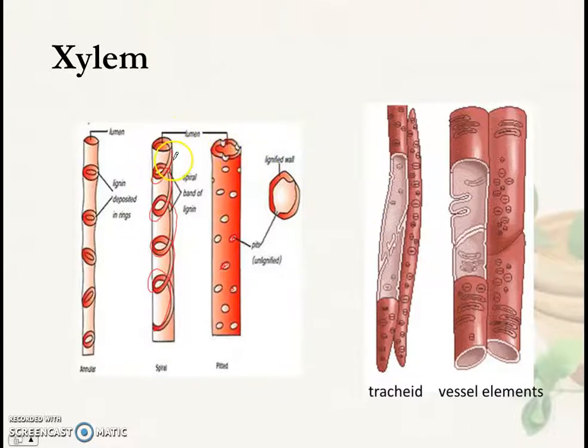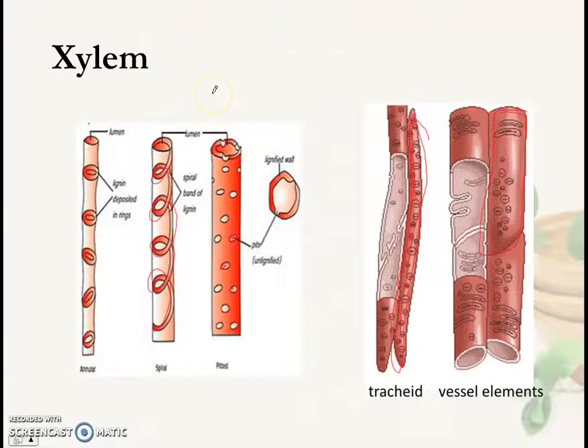That's just extra knowledge for you. There are also different types of xylem vessels. Some are made up of vessel elements, which look a bit more like these tubes, and some are made up of tracheids, which look a bit more like these slim, long-shaped cells.